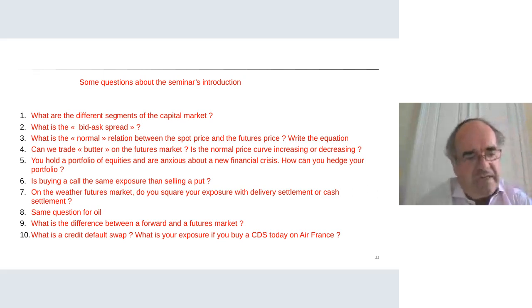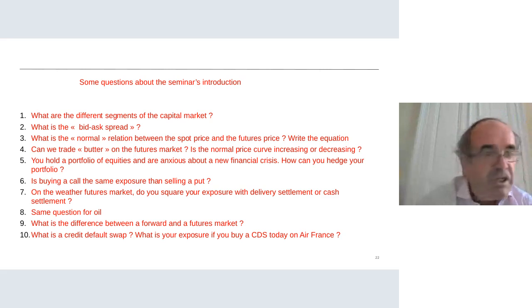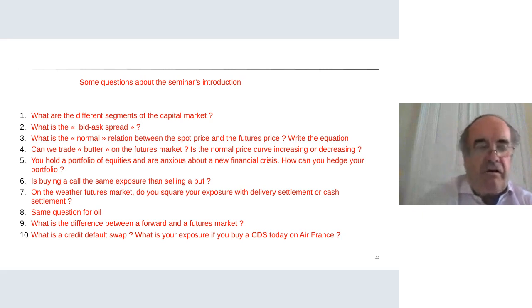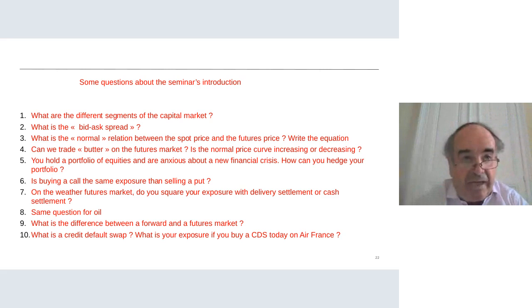They say, I will pay each 6 months, maybe 1%, 2% of the nominal value of a bond. For instance, the nominal value is 1 million. I will pay 1% of 1 million each 6 months, for instance. And in case of default for Greece, I will receive from the bank, which is the CDS seller, 1 million euro. As your colleague says, very good.